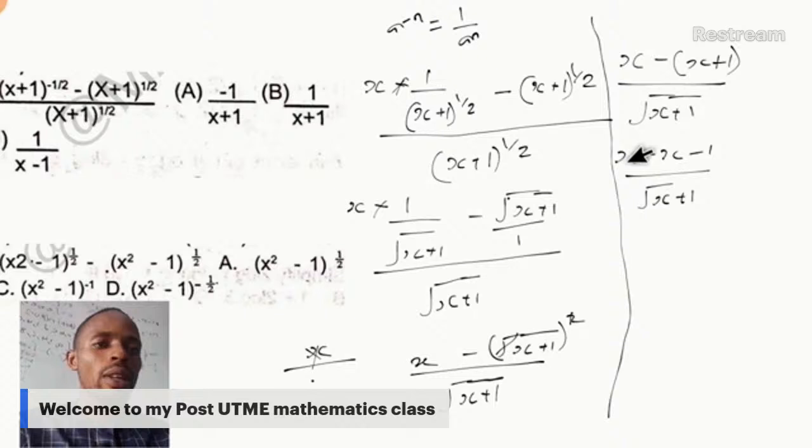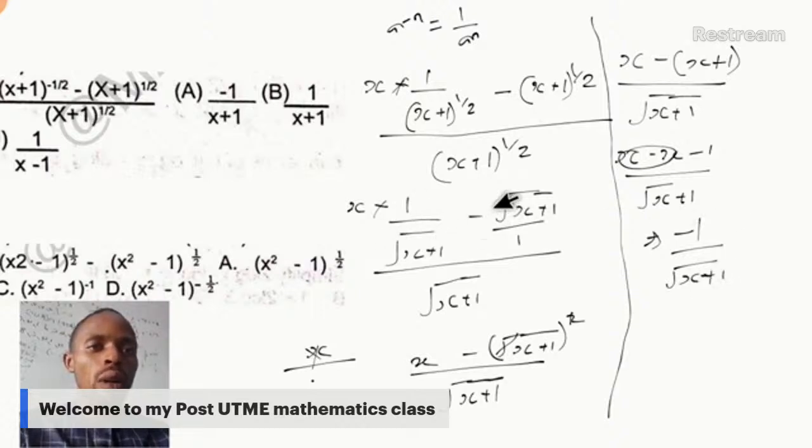And here we have minus s, this gives us 0. So therefore the numerator becomes minus 1 divided by root of s plus 1. So our numerator is equal to minus 1 over root of s plus 1.